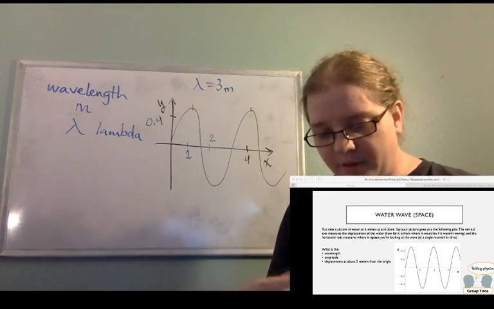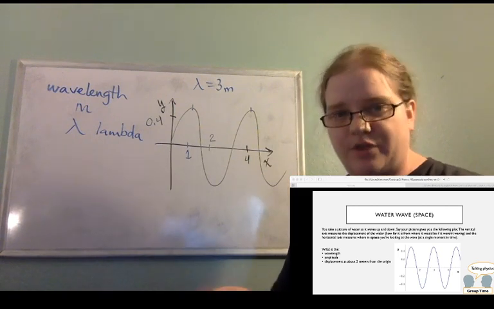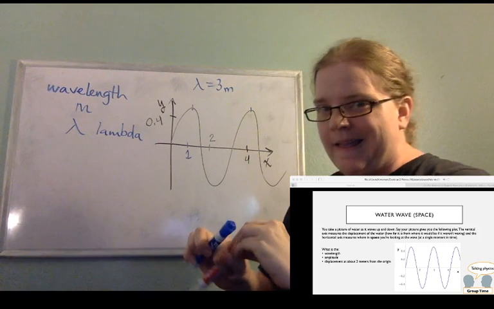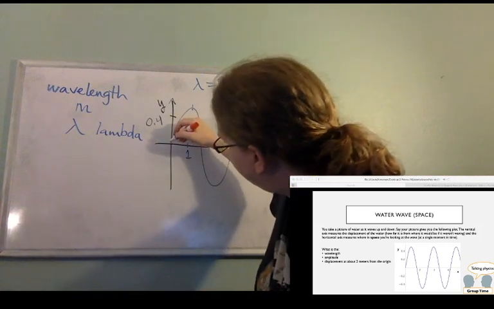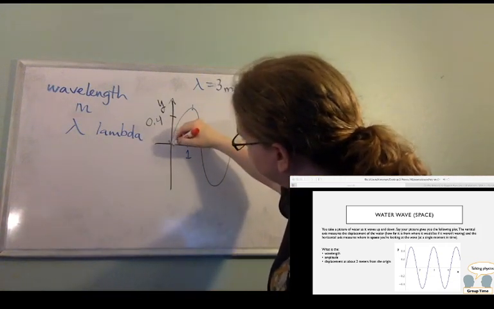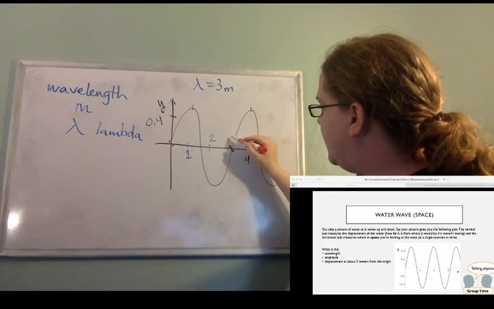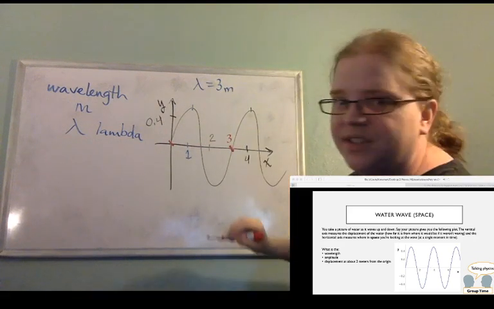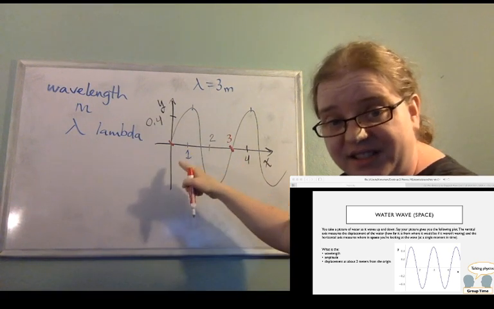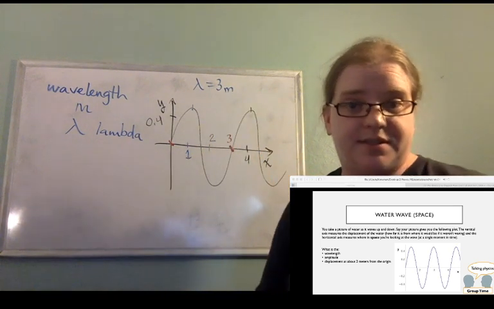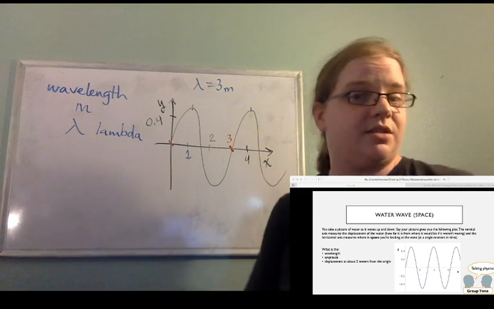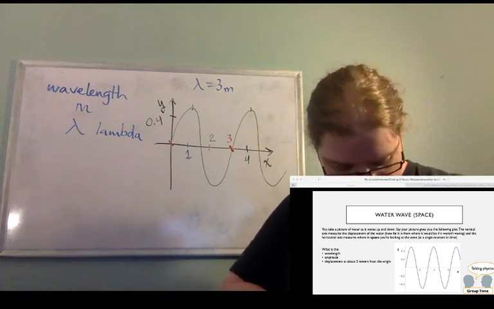Or the other way to do it, which I showed you guys before, is we can start here, and then we go to the next equivalent point, which is here, and that seems to be around 3. So once again, it would be like 3 minus 0, which is 3 meters. Okay, so either way you do it, you should get the same answer, which is nice.